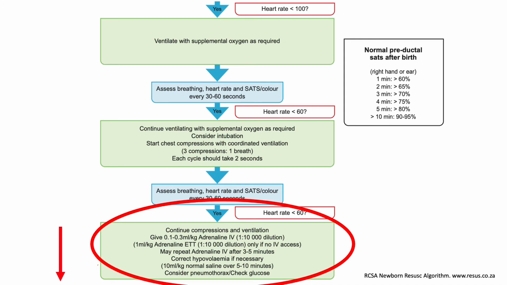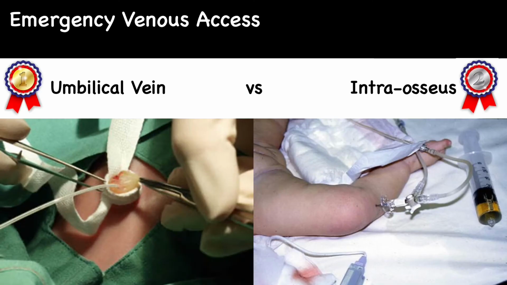The next part, I'm going to go through the steps in the last part of the algorithm, which are interventions which are not frequently needed in neonatal resuscitation. If you haven't managed to get intravenous access yet as part of the resuscitation, now is the time. It is recommended that umbilical venous catheterization is the primary method of vascular access during newborn infant resuscitation.